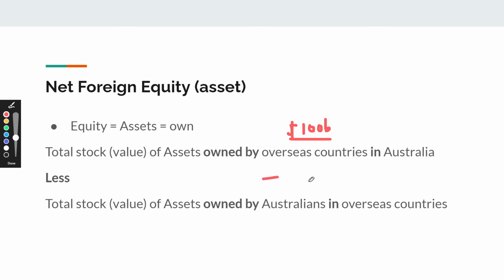But Australians, we owned actually $200 billion of assets overseas. Well, net foreign equity would equal negative $100 billion.